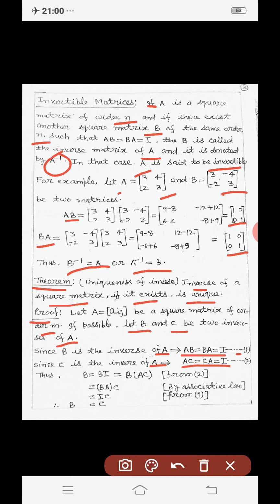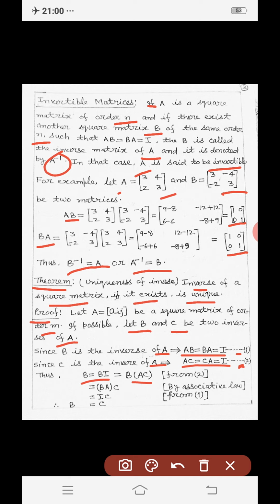Thus, B can be written as BI, and this is equal to B(AC), that is from 2 here, I is equal to AC.